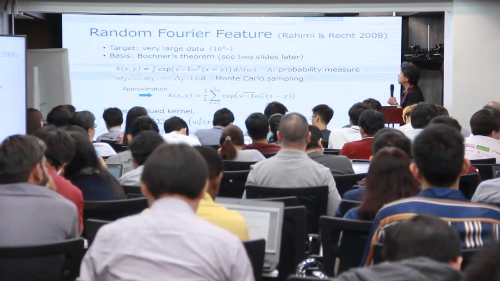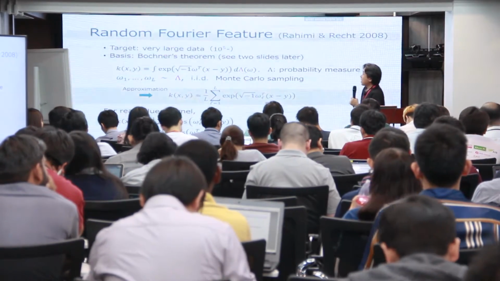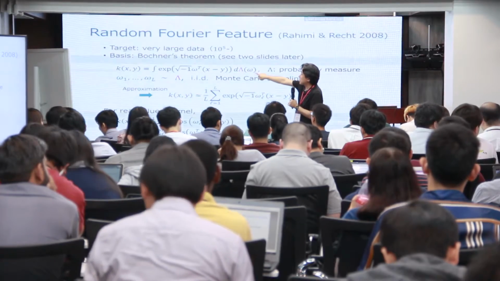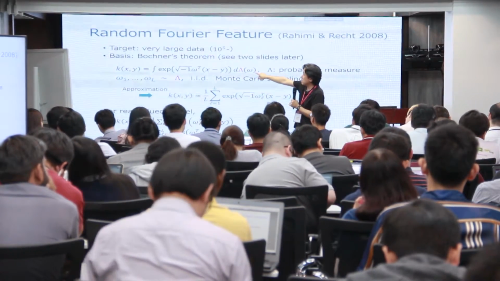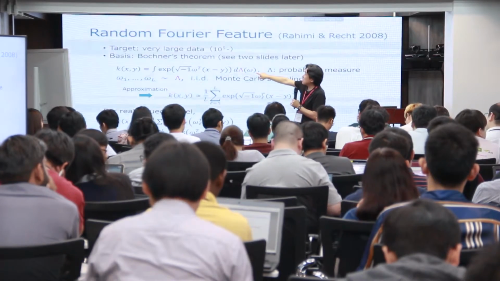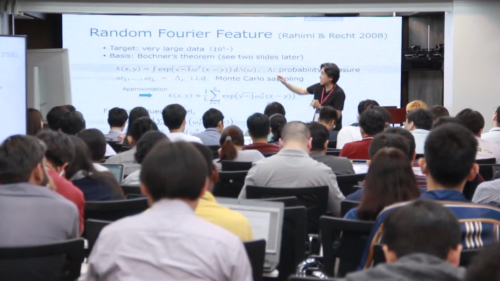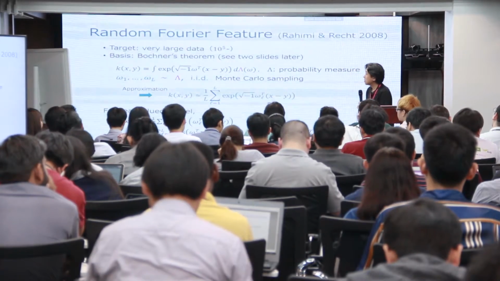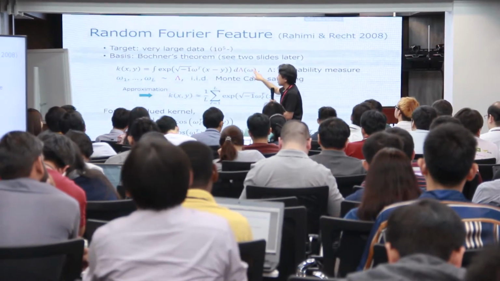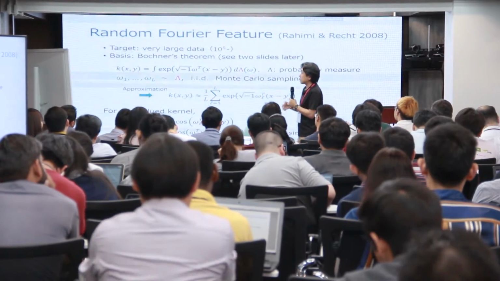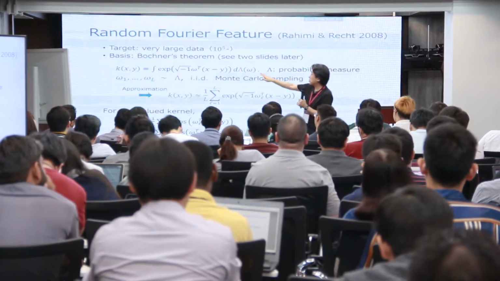Okay, I come back to this slide. And we have this type of integral expression of the kernel. The random Fourier feature uses this expression to approximate the kernel function. So in the case of Gaussian kernel, this part is a Gaussian distribution. So let's take sample points of omega.